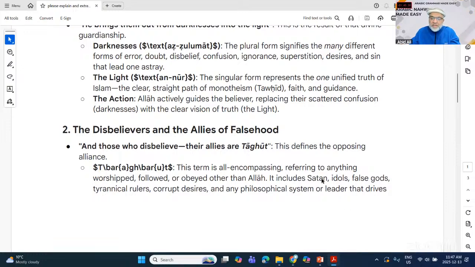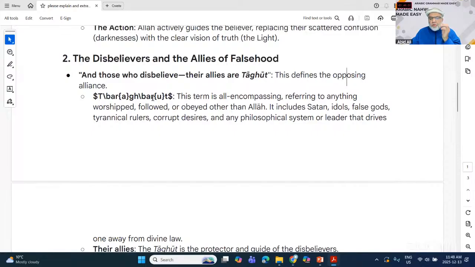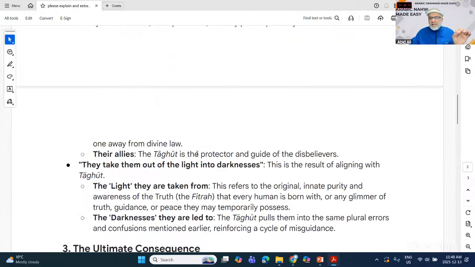It includes Satan, idols, false gods, tyrannical rulers, people who are ruling over us, corrupt desires, and any philosophical system or leader that leads away from the divine law. So when you think of Taghut, don't just think of one or two objects or idols. Anything which takes you away from Allah, whether it's your own desires or any system you're living in, is considered Taghut.